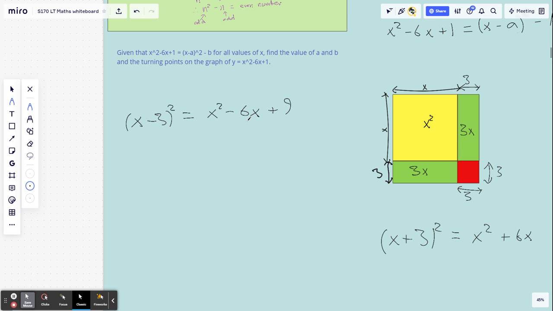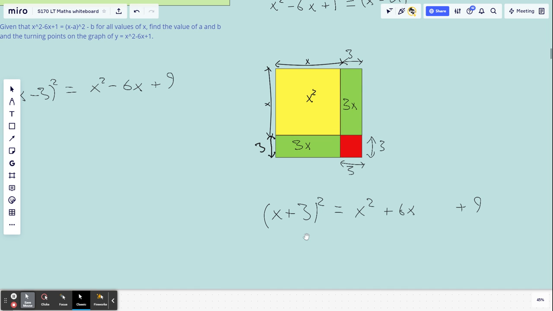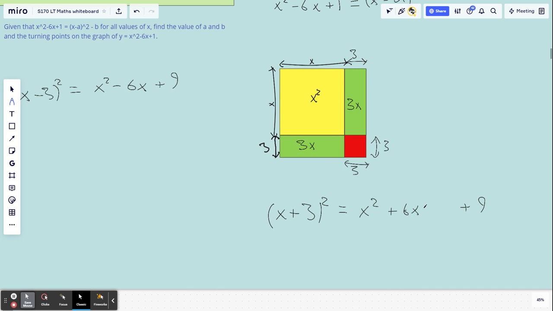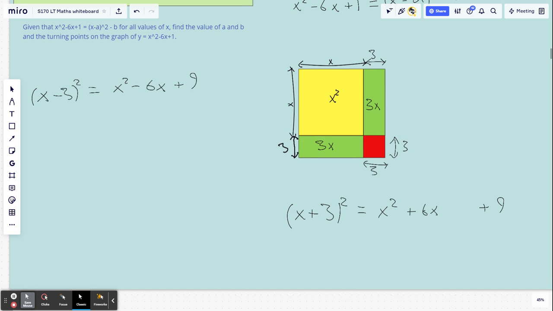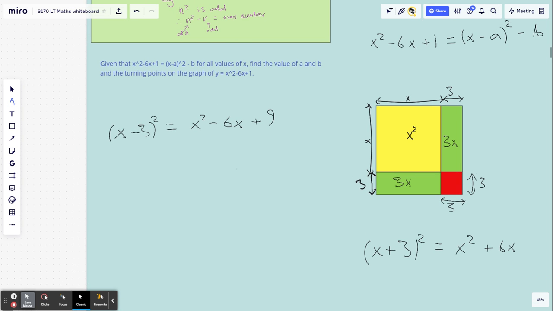So you can see how it's a little bit different to what I get over here, where I factorize x plus 3 instead of the plus 9, but I have plus 6x. So that's the first bit then.